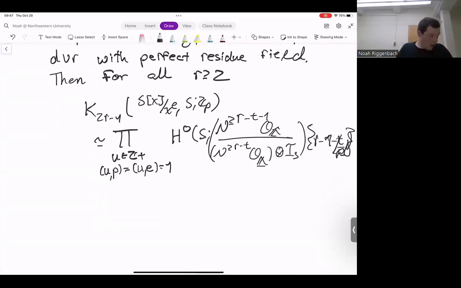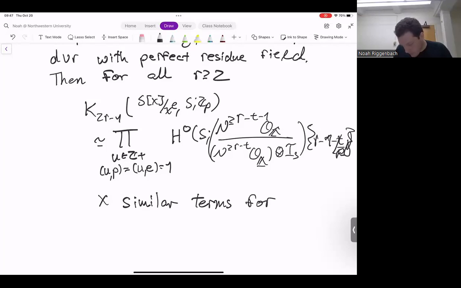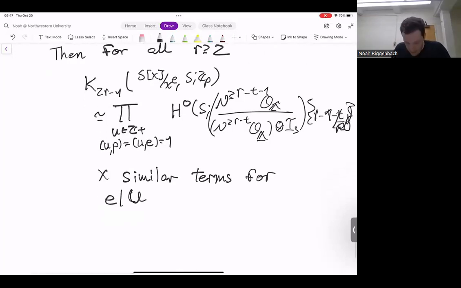Okay. And maybe since I have -2 minutes, let me just say similar terms for the case when e divides r, and then the even K groups are H1 of these sheaves.